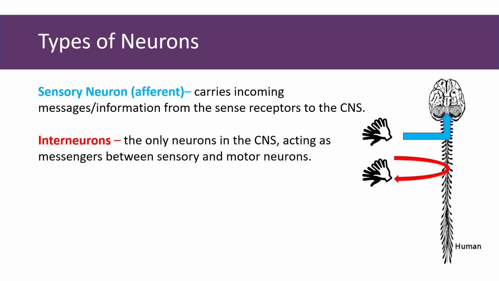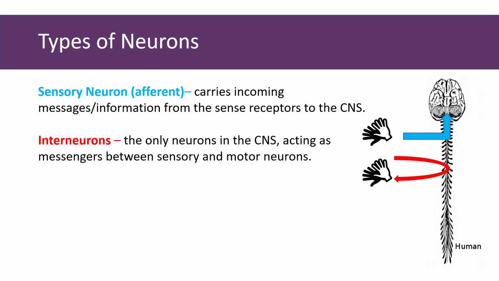Maybe you've heard that term. They are the messengers between the sensory and the motor neurons. Interneurons only exist in the central nervous system. Your sensory neurons, the afferent neurons, carry that incoming message, and then the interneurons receive that message, and now it's their job to take this message to the motor neurons.